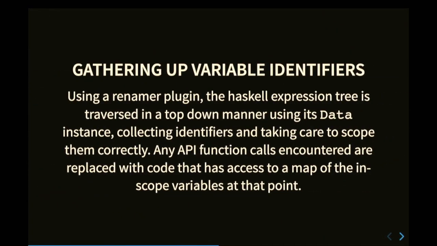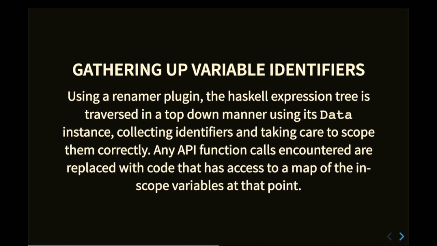Okay, moving on. So there's actually two different components to the plugin. It's both a renamer plugin as well as a type checker plugin. And the renamer portion of the plugin goes through and traverses the Haskell expression tree that results from renaming. And in so doing, it collects up identifiers and makes sure that they're scoped correctly.